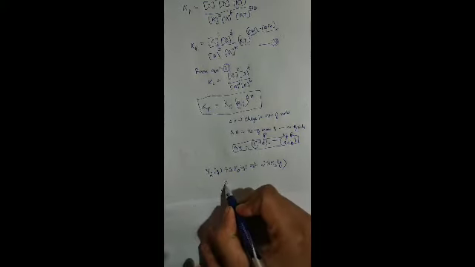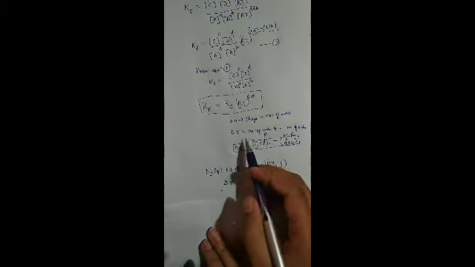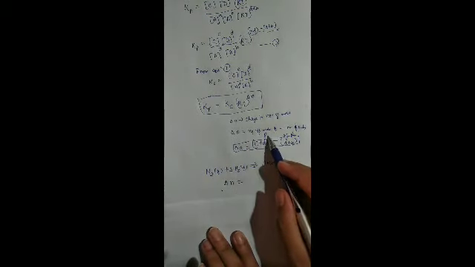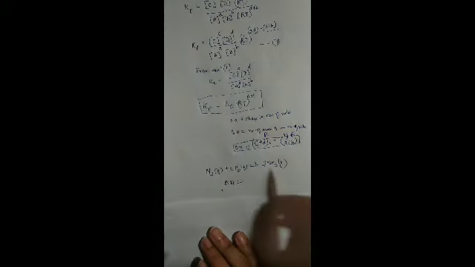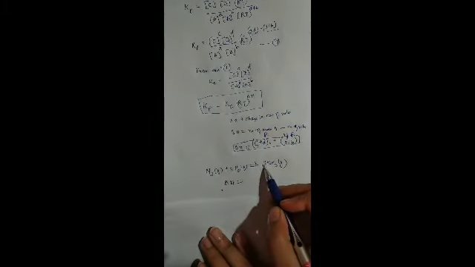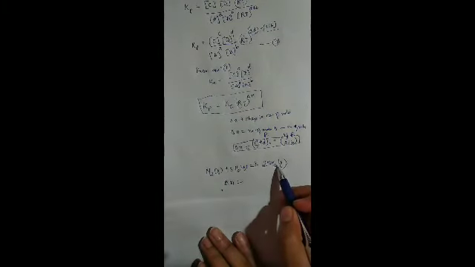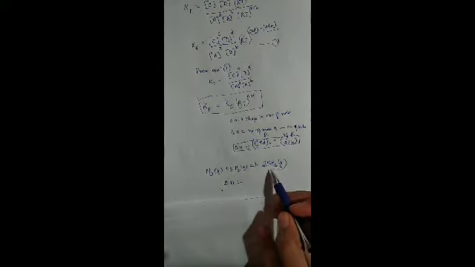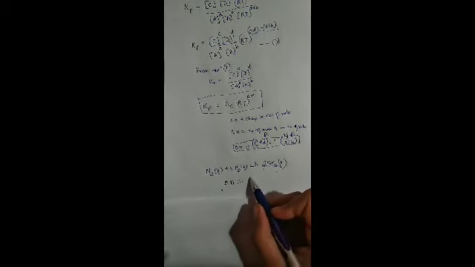As I already told, delta n is the number of moles of the product. Here the number of moles of product is 2, because only one product is present, and the stoichiometry term of NH3 is 2.